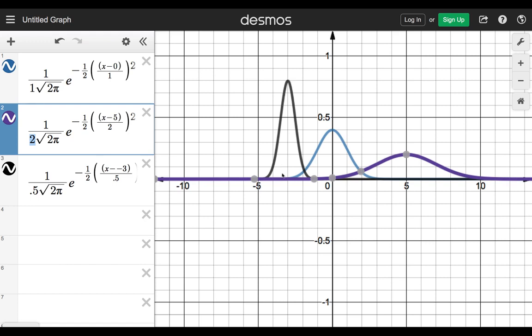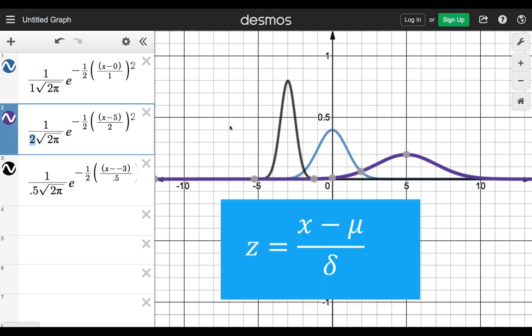Now, it's not easy to compute for the area of any normal curve. That's the reason why we try to convert any normal curve to the standard normal curve by applying the z-score. The z-score is equal to x minus the mean over the standard deviation.